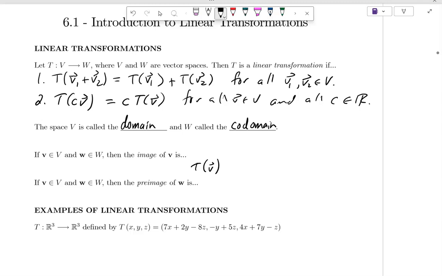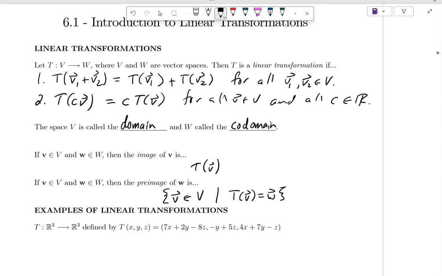No. So when I talk about pre-image, this is going to be the set of all vectors in V such that T of V equals W. It's everything in the domain that maps to W. That's the pre-image.